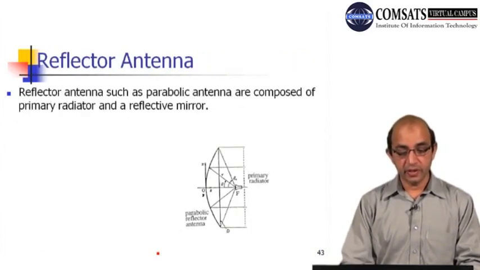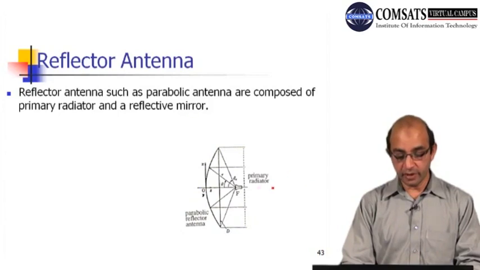So here we have the reflective antenna. You can see here the parabolic reflector. This is a sort of parabolic shape, and here we have the focus and primary radiator. Antennas such as the parabolic antenna are composed of a primary radiator and a reflector.